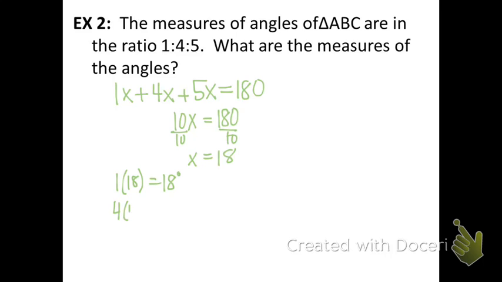Then for the other angles, we take 4 times 18, which is 72 degrees, and 5 times 18, which is 90. Again, you could add those three just to make sure they add to 180, which they do, so we know we've done our algebra correctly.